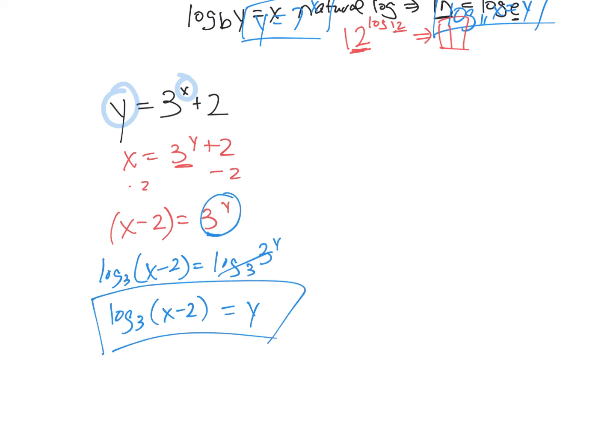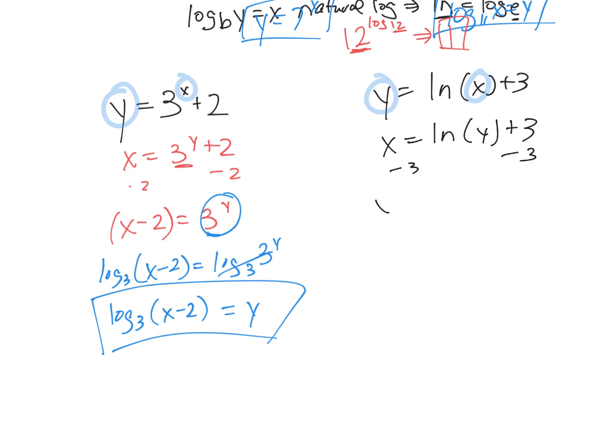All right. Let's look at one with maybe the natural log. So what if I said y equals ln x plus 3? So we're going to switch our x and our y. Sorry, x equals the natural log of y plus 3. Subtract the 3 because we have to isolate my log function.